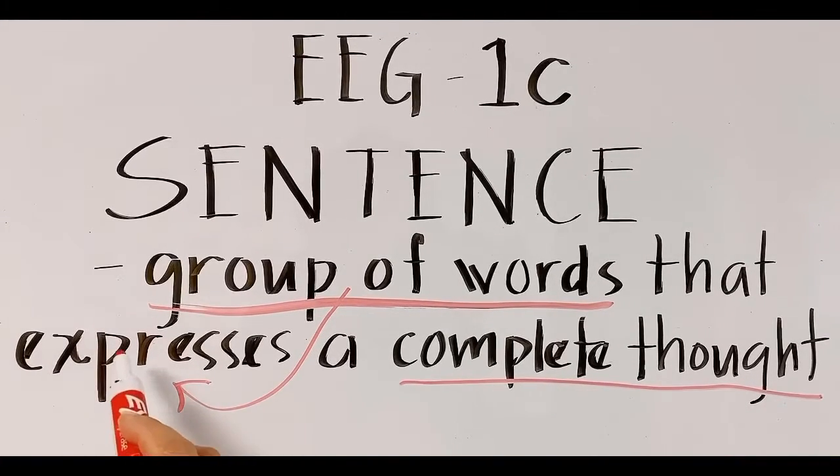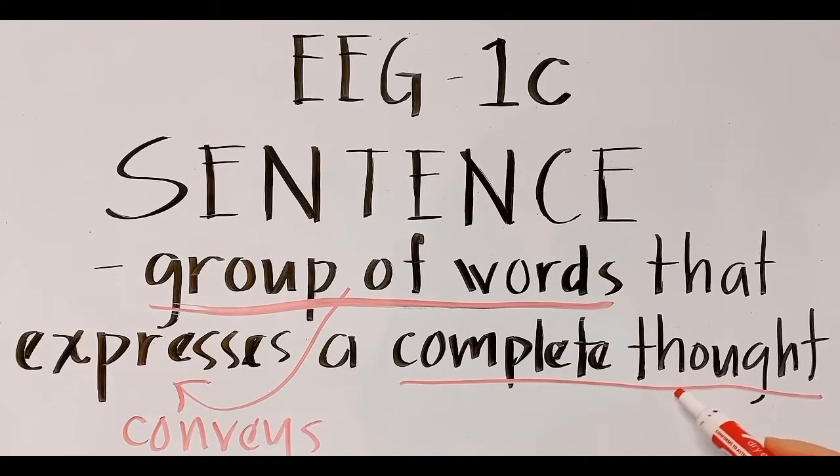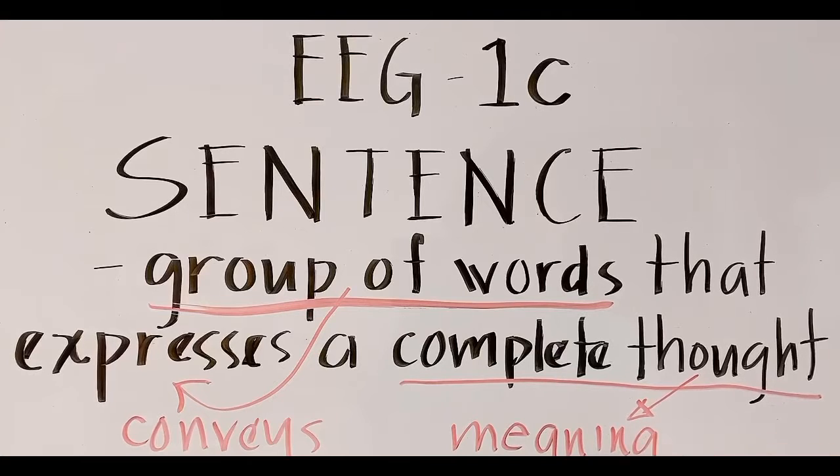What is the other word for express? Convey. It conveys a complete thought. What is the other word for thought? Meaning. So when this group of words come together, they have a meaning.